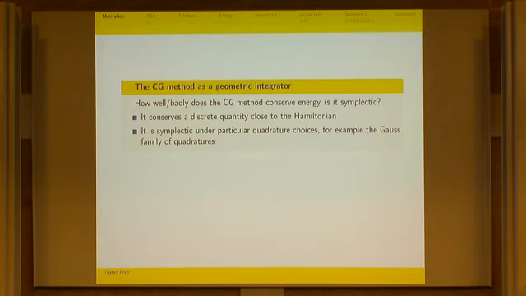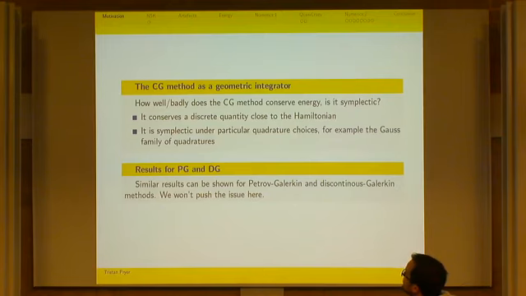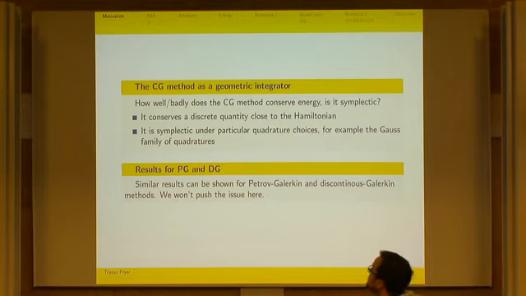And what is interesting is if you pick specific quadrature points, so when you're doing this variational formulation, you're integrating something, and you're never going to integrate things exactly, so you use a quadrature to approximate this. If you pick specific ones, Gauss quadratures in this case, you arrive at a symplectic numerical method, which is quite fun. And you can do similar things for Petrov-Galerkin, discontinuous Galerkin in time, but I won't go into this.